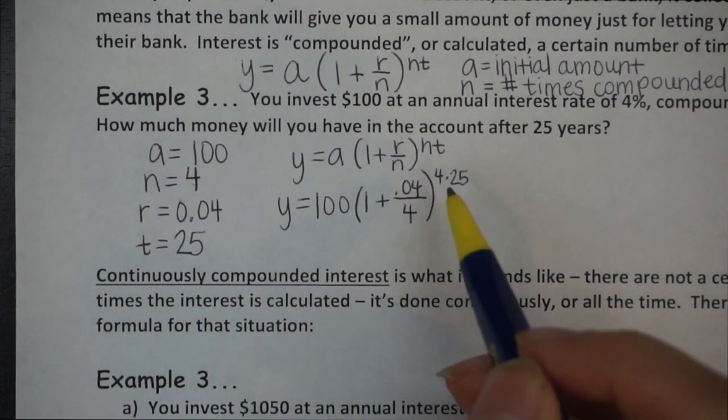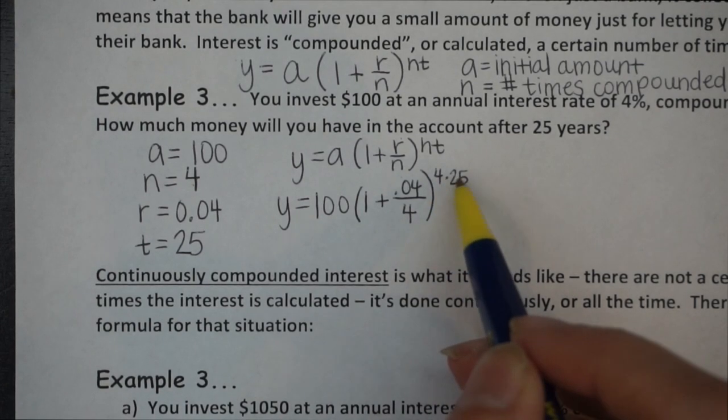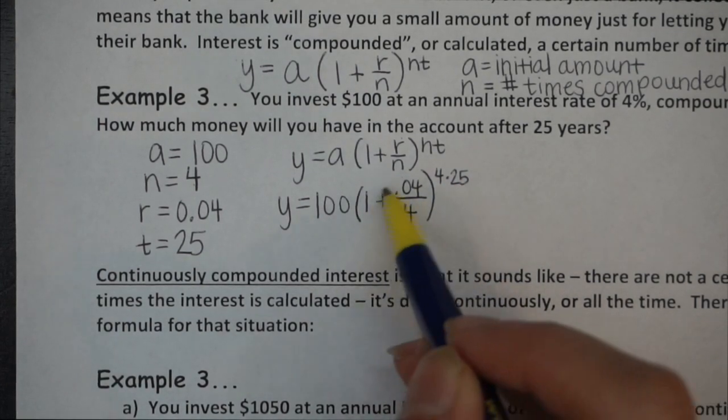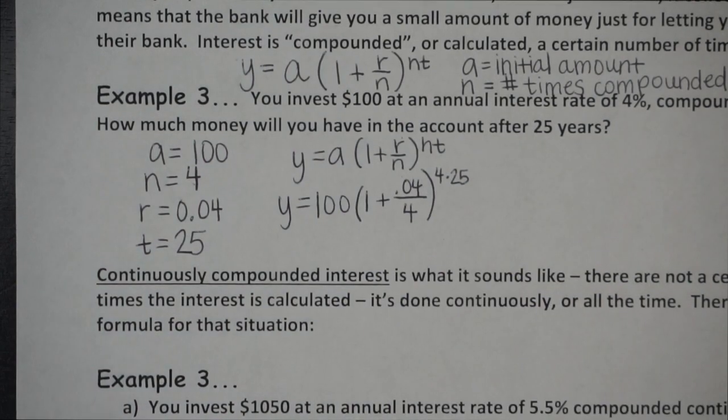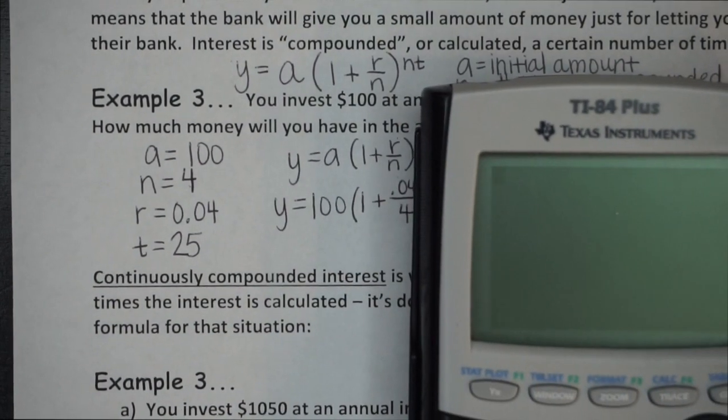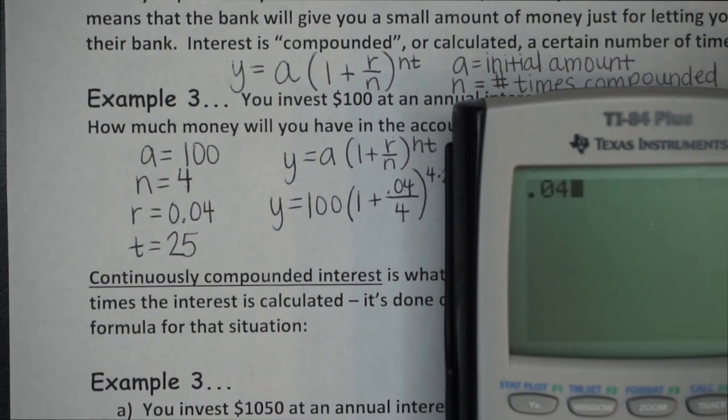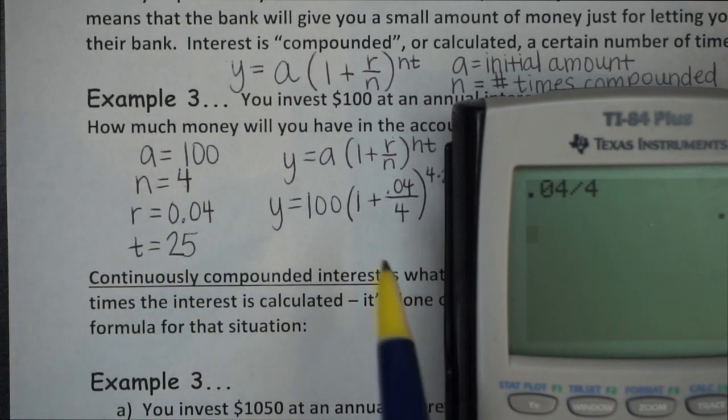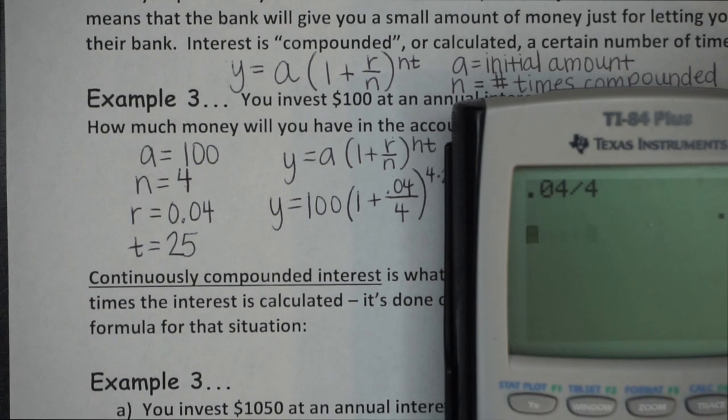All right, we're going to simplify this. 4 times 25 is going to be 100, but I also want to simplify what's in the parentheses. So I'm going to do 0.04 divided by 4, which is 0.01, plus the 1 that I had.